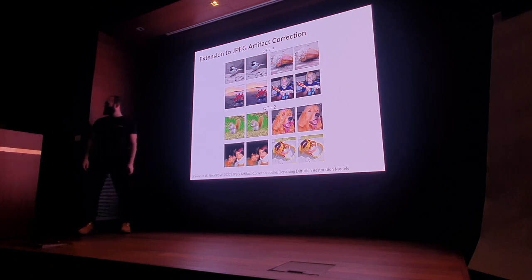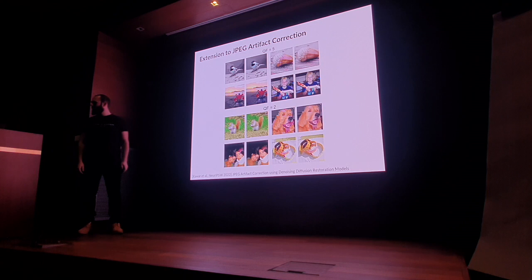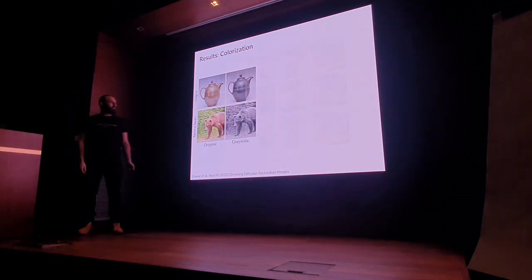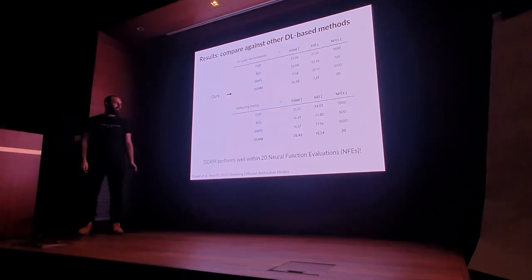Yes? Can you talk a little bit about the algorithm? Because you mentioned that you don't need to train the model for each inversion problem. And then you plug in some math, but you didn't talk about the algorithm. The algorithm, we talked about the one with the denoising and inpainting, right?